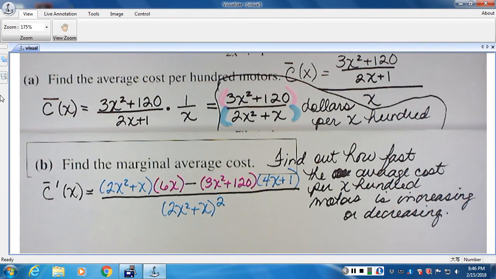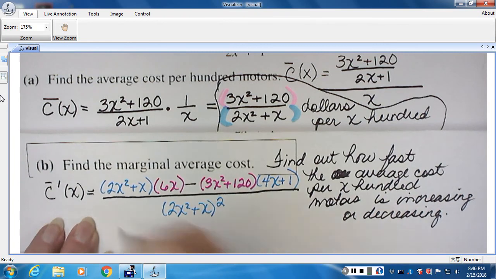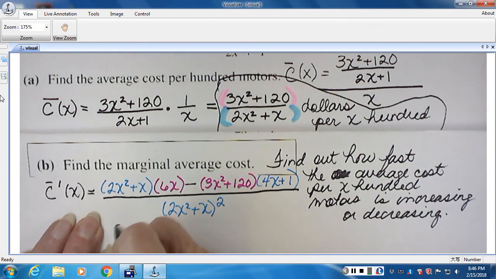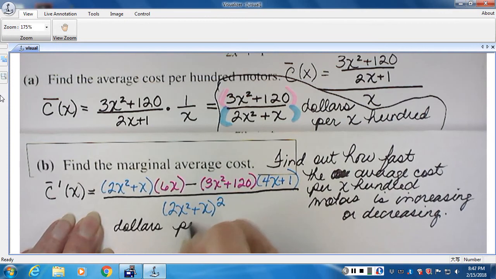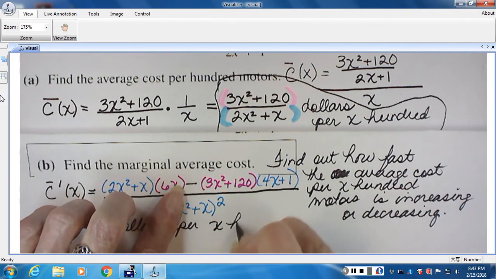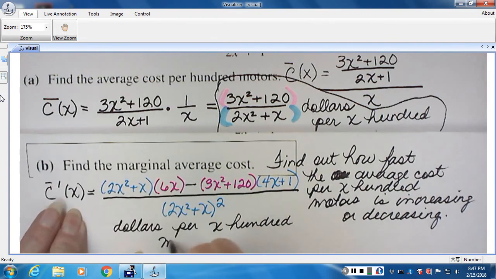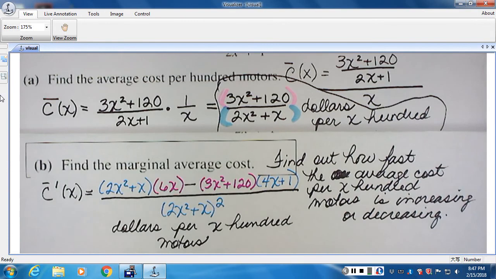But the correct units here, this is the expression, and this again is it's increasing or decreasing in dollars per X 100 motors, even though it's talking about the average.